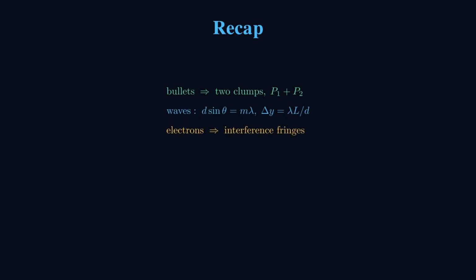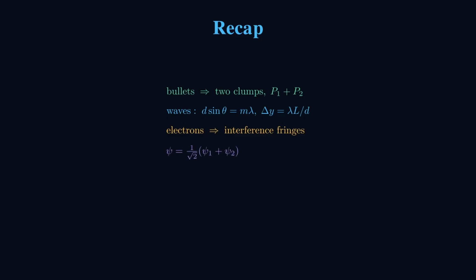Let us bring it together. 1. Bullets give two clumps, where probabilities simply add. 2. Classical waves give fringes, governed by d sine theta equals m lambda, and fringe spacing lambda L over d. 3. Electrons, fired one at a time, also give fringes. They are waves. 4.